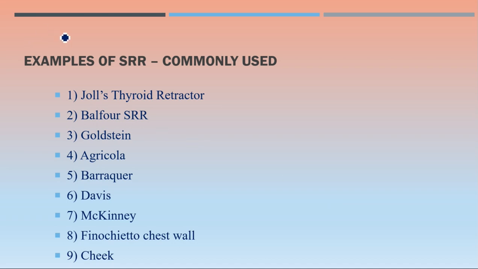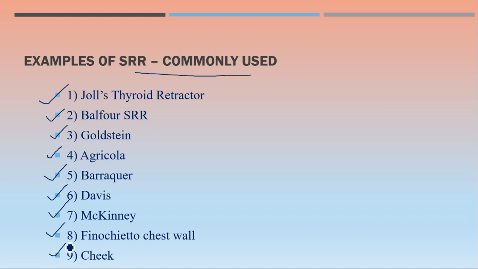The commonly used examples of self-retaining retractors: Joll's thyroid retractor, Balfour self-retaining retractors, the Goldstein self-retaining retractor, Agricola, Barraquer, Davis, McKinney, Finocchio, and cheek retractor.